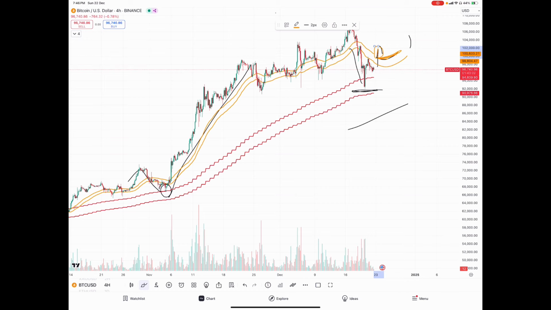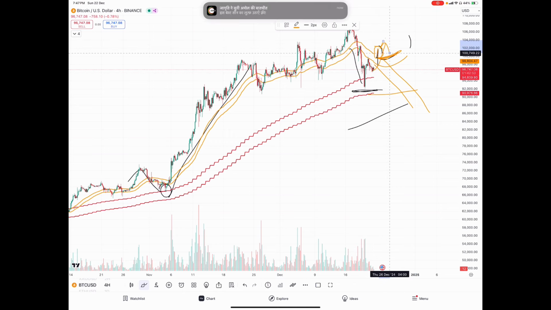If not, we'll wait. We'll wait till the orange crosses below the red, or we'll wait till the candle goes above this orange line. Based on that, we'll take the trade.